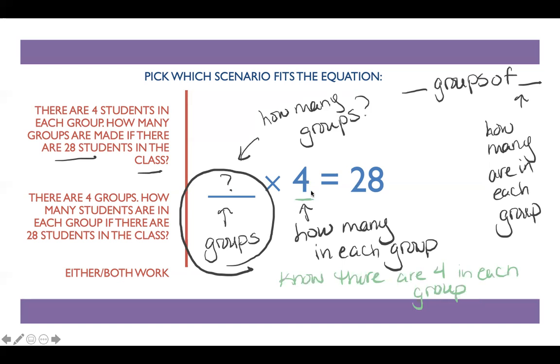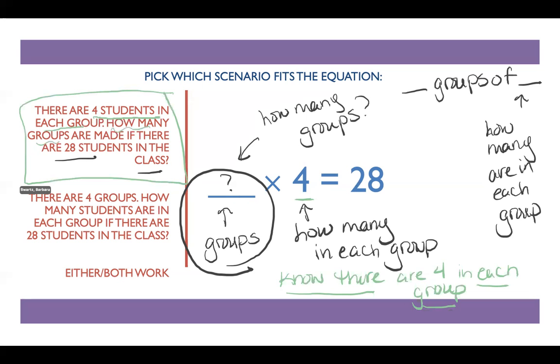So here's my cursor. Which of these scenarios matches this, with the blank? How many groups is the question. And if you look, there are four students in each group. Oh, four students in each group. How many groups are made?